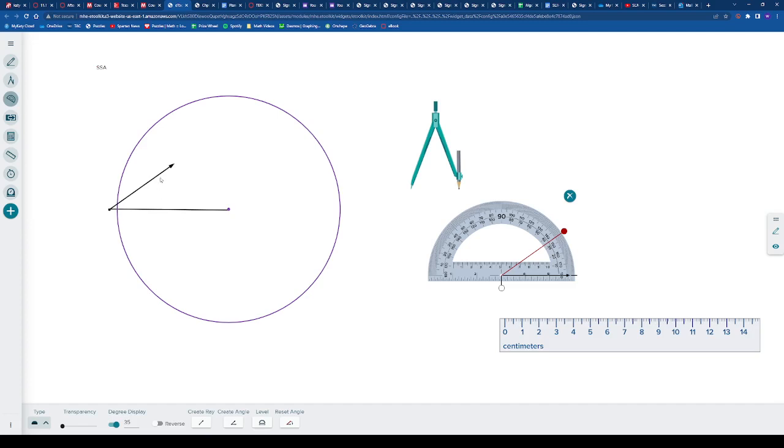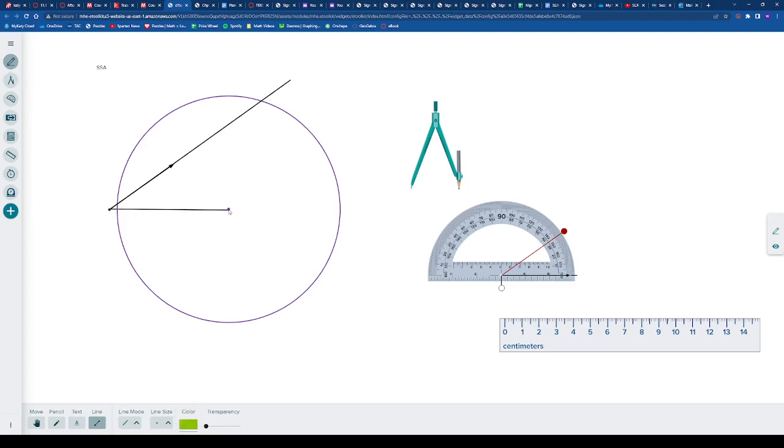So if we extend this ray as far as I can on this picture, it's going to come out like that. So we know that to finish our triangle, we need to connect this end point to a spot where this ray intersects the circle. Unfortunately, though, there's two different options for that.